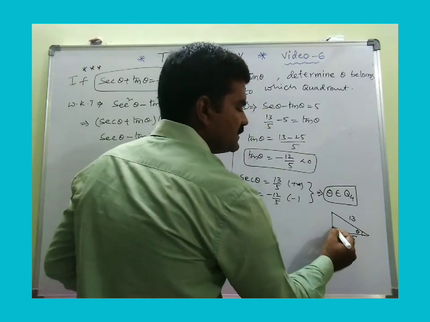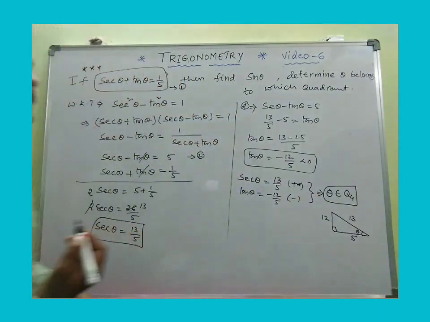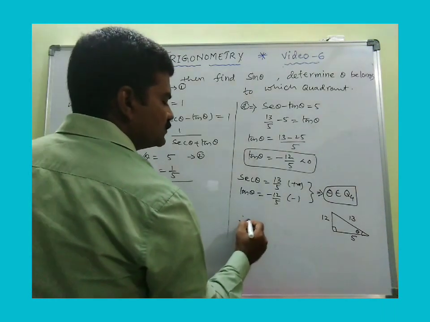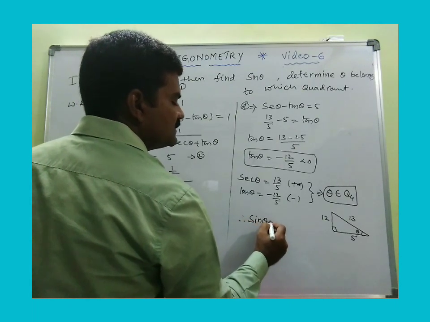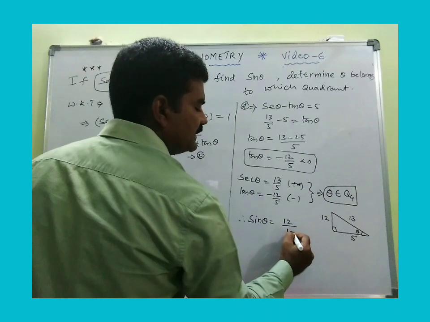And obviously using the Pythagorean triplets, 12 is the opposite side. Hence, can you guess the value of sin theta here? Sin theta is equal to opposite by hypotenuse, which is 12 by 13.